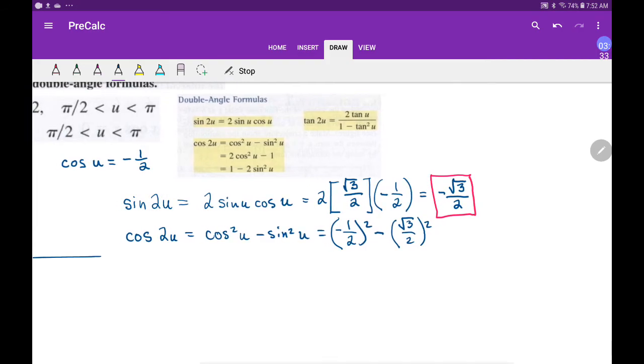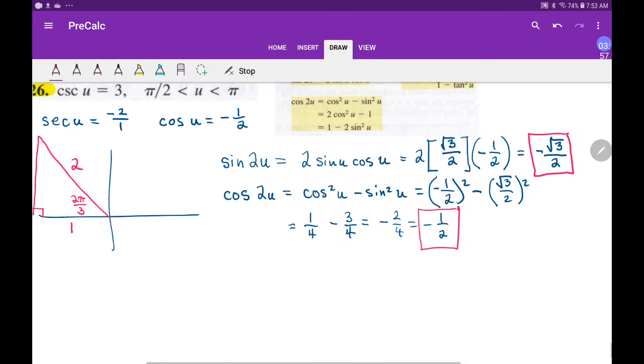And let's see, what's this going to give us? This will give us 1/4 minus 3 over 4, right? And so that's going to be minus 1/2. I guess I should say minus 2 over 4. And then that's minus 1/2. Alright.